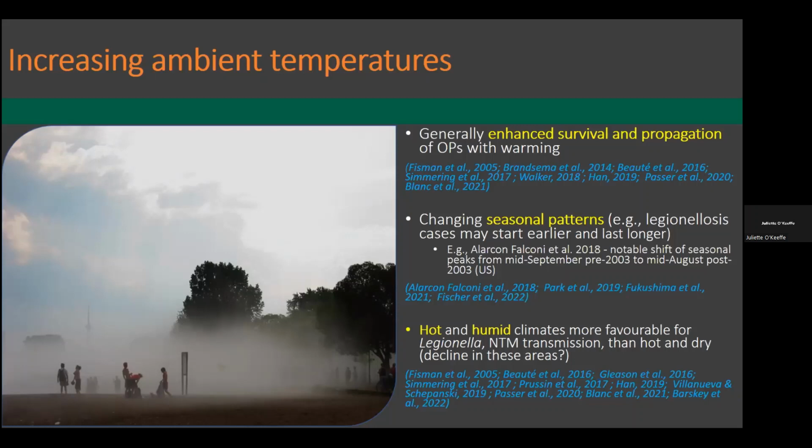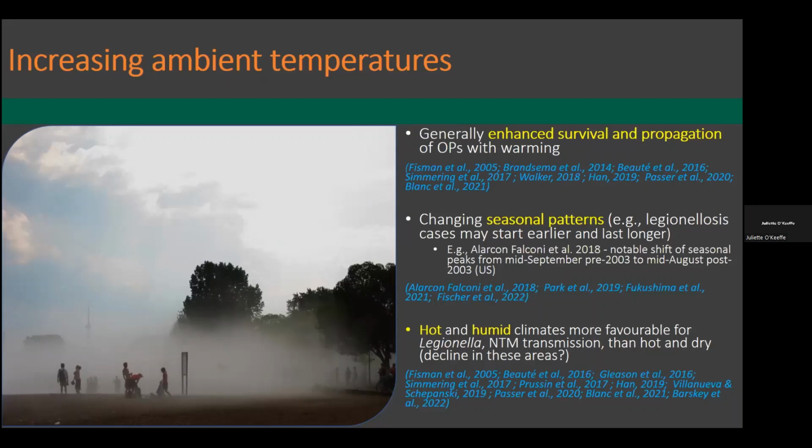And a recent study, well, it was 2018, Alarcon and Falcone et al. noticed that the seasonal peaks in the US for Legionella outbreaks was moving from the mid-September time of year to mid-August. So you're seeing earlier seasonal patterns that may last for longer.